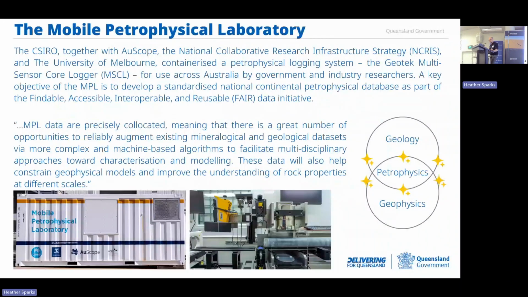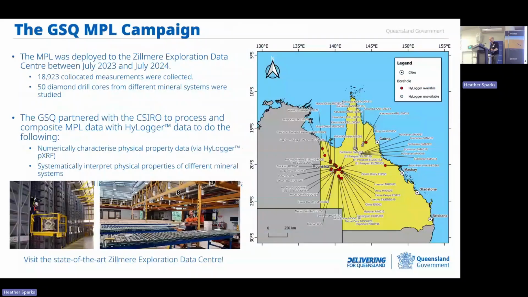The data promised to be, and I quote from the website, precisely co-located, meaning that there is a great number of opportunities to reliably augment existing mineralogical and geological data sets via more complex and machine-based algorithms to facilitate multidisciplinary approaches towards characterization and modeling. Perfect. The containerized petrophysics measurement system had just done its first stint down in South Australia and was ready for deployment to a new, more tropical destination, namely Zillmere, Brisbane.